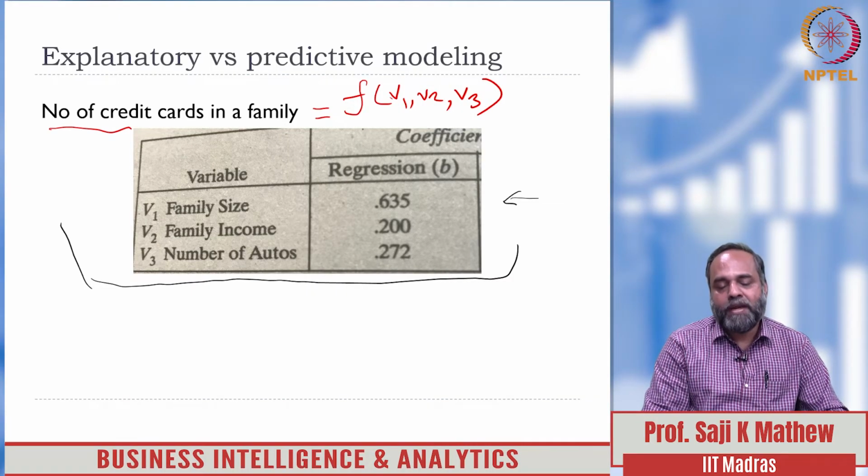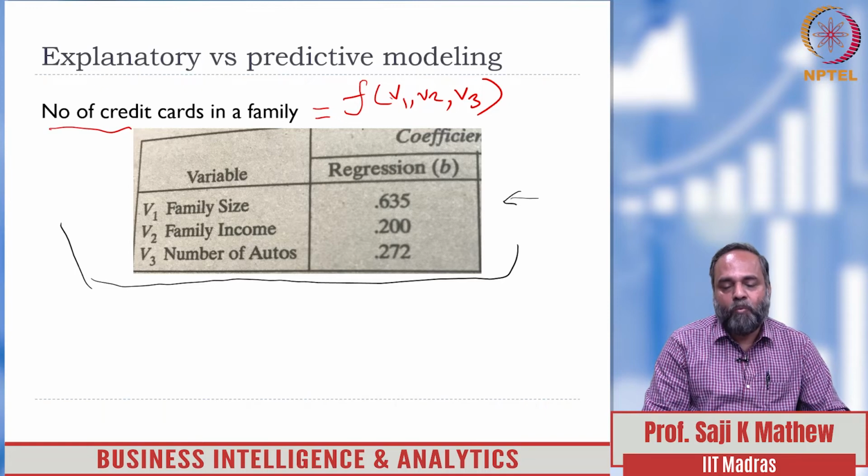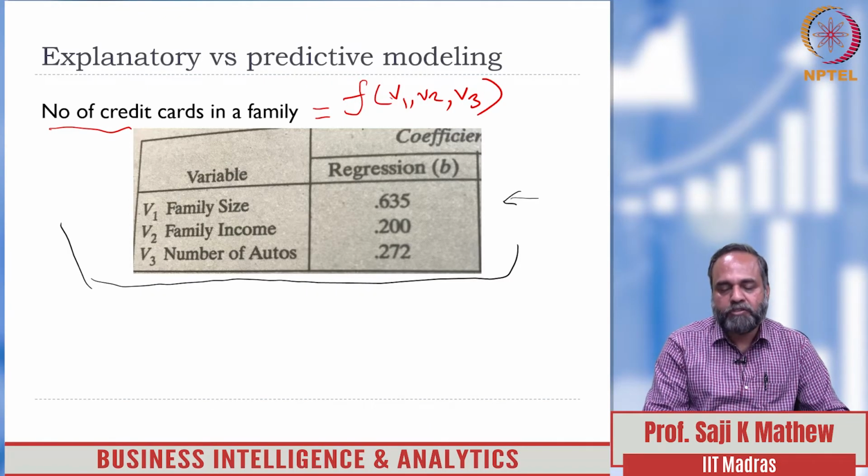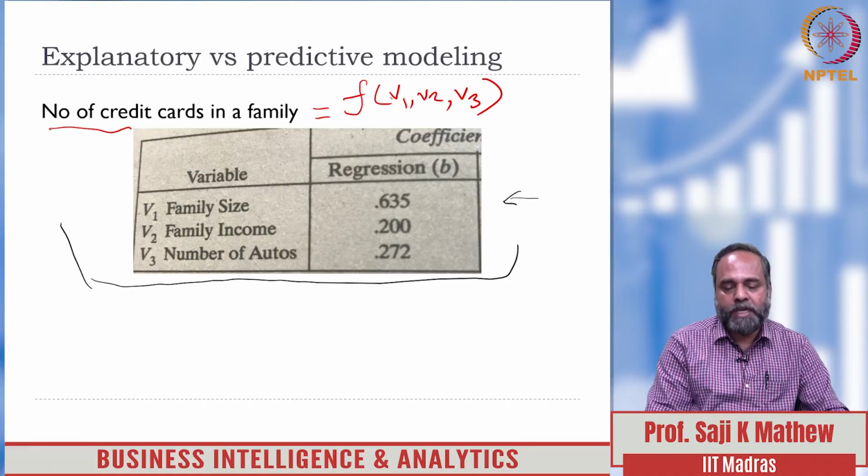The researcher wanted this model because the management is interested in knowing what factors influence the number of credit cards a family possesses. For a business, especially in the credit business, that is important, so that they can do some useful marketing, or take some decisions based on that information.